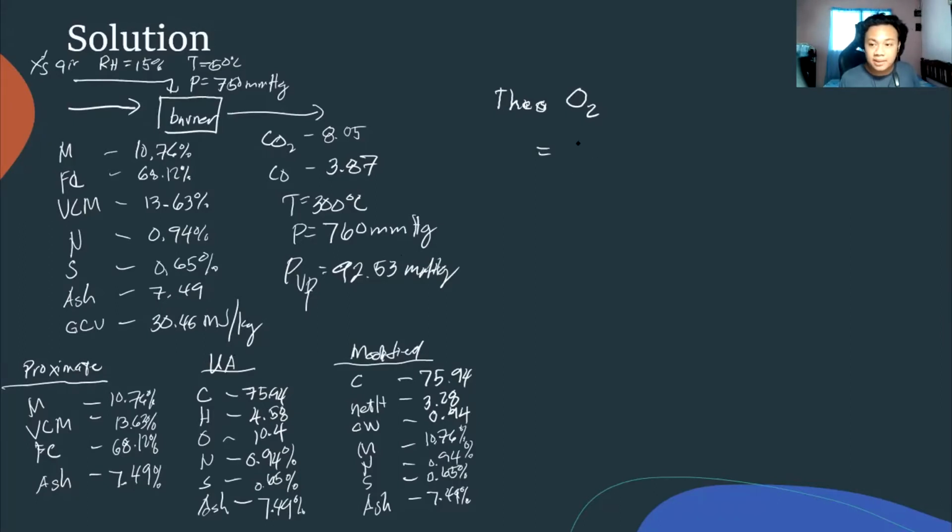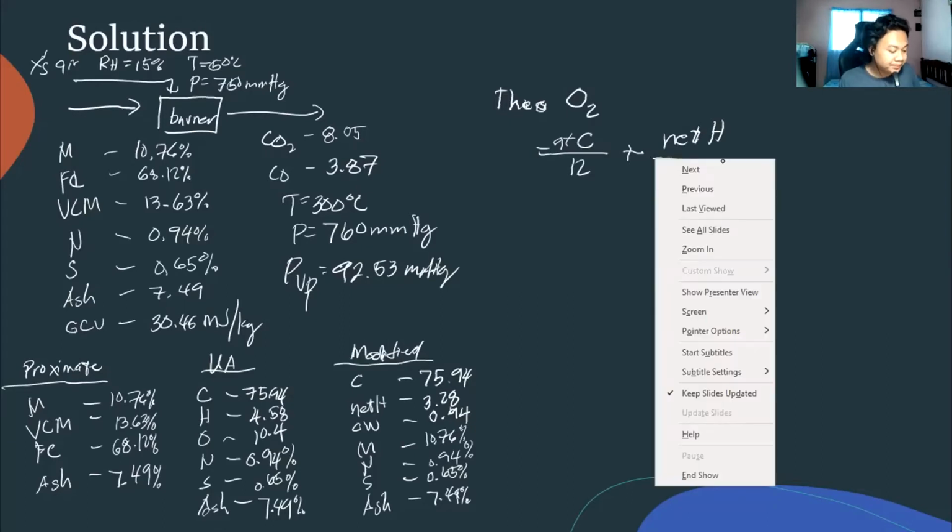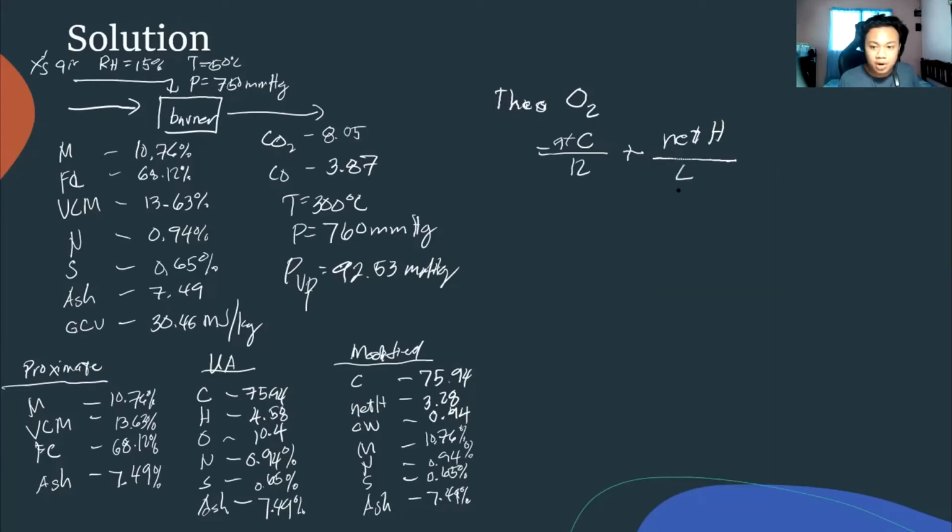So, to be safe, since these are weights, you convert them to moles. So, divide by the molar mass of C, plus the net H, the net H over 4.